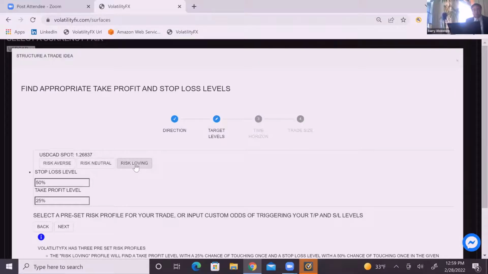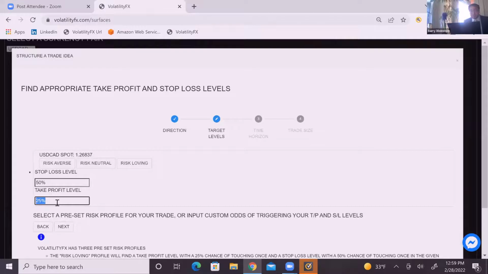If you want to take a risk-loving trade where you're really confident in it, you can select the risk-loving button, and it will find you a stop-loss level that has a 50% chance of touching and a take-profit with a 25% chance of touching. Those levels are fairly arbitrary. It's just something that I programmed in from my years of trading.